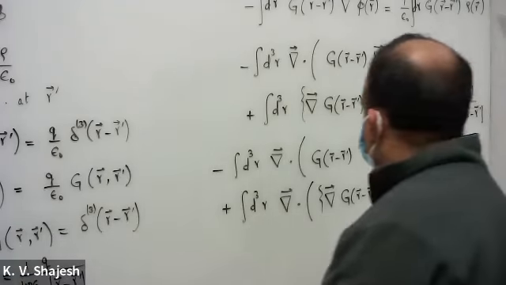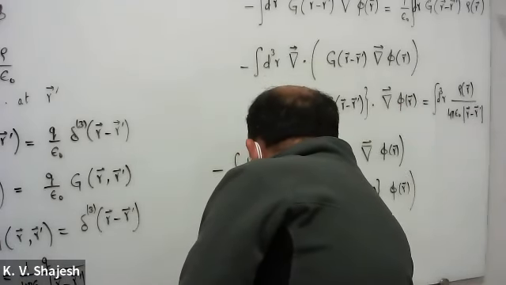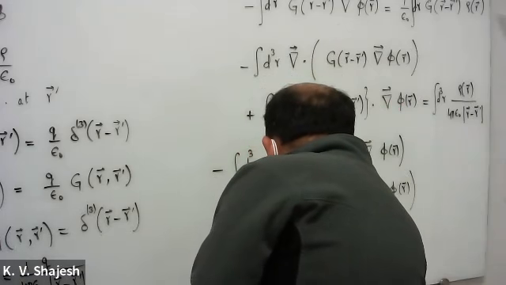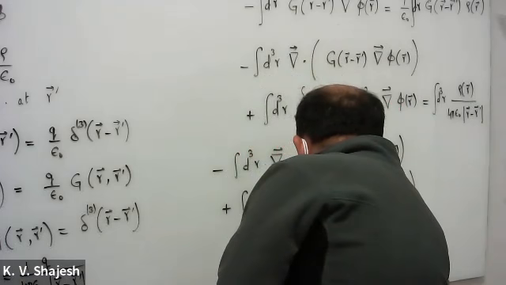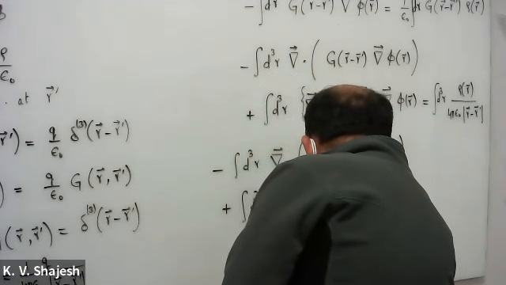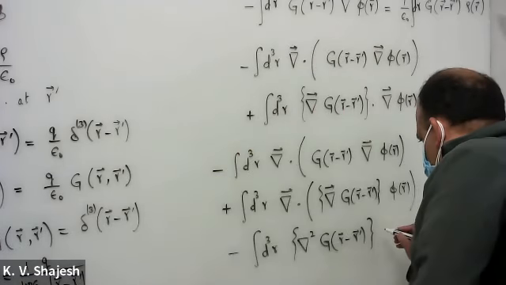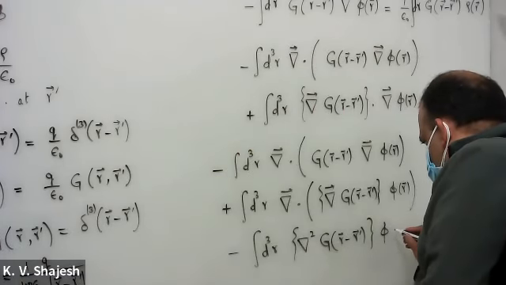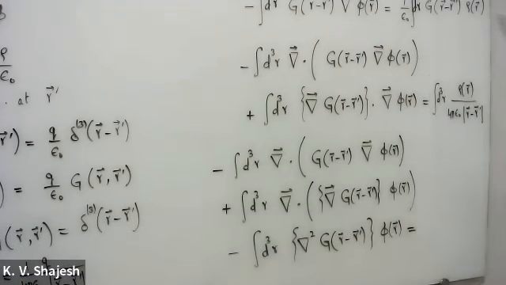And eventually minus d cube r of gradient squared of g. Is that clear? All the steps?